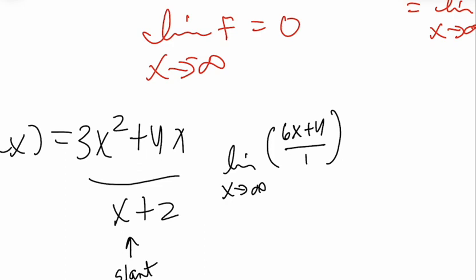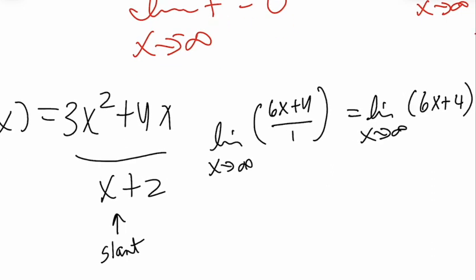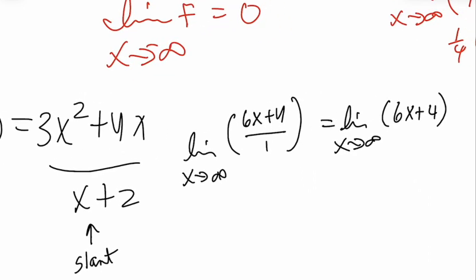And that tells us that our limit as x approaches infinity is just the limit of the polynomial 6x plus 4. Now that's a line, a line with a positive slope. So on the right side, isn't it just going up to infinity? So the answer is infinity.